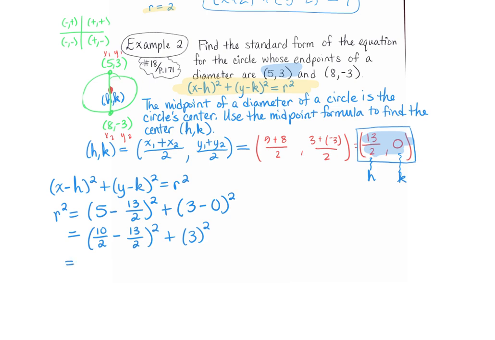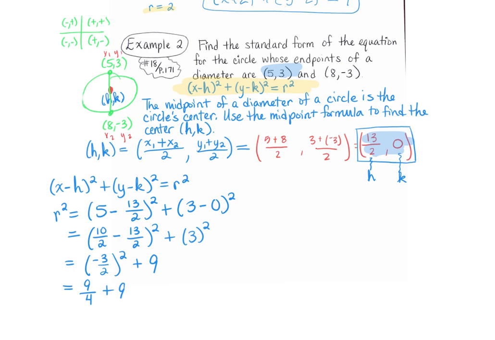What's on the inside when you simplify this? Negative 3 over 2, squared, plus 9. What's negative 3 over 2 squared? 9 over 4. Good. Plus 9.